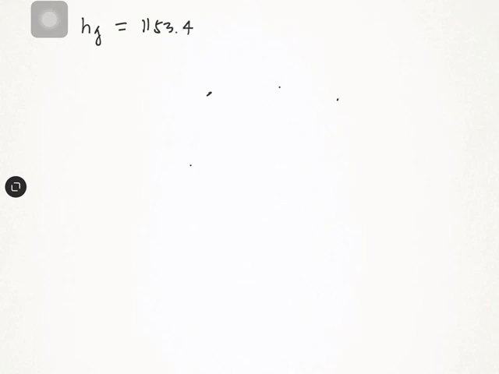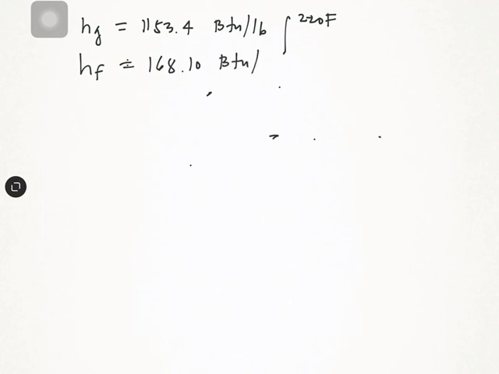This is for T equal to 220 degrees Fahrenheit. And we have this HF at 200 Fahrenheit, this is 168.10 BTU per pound at 200 Fahrenheit.